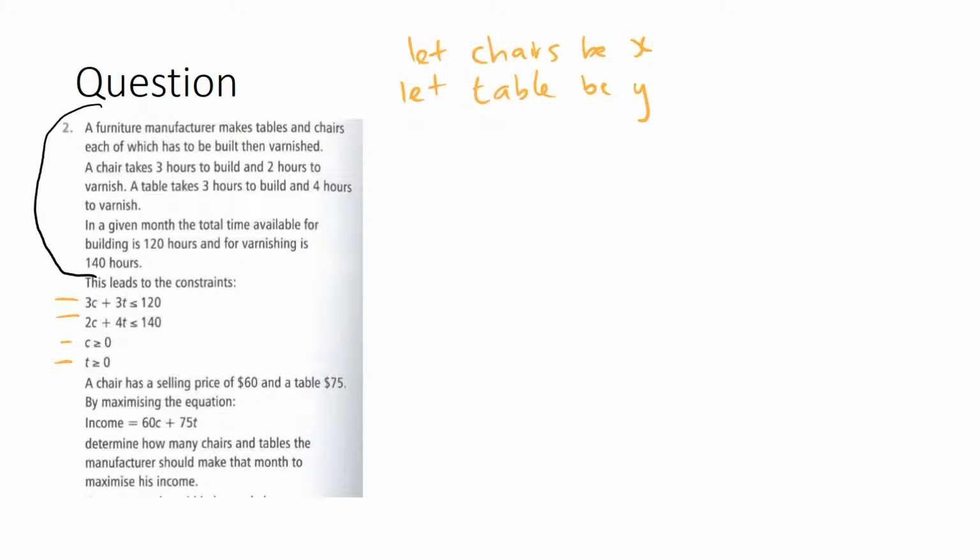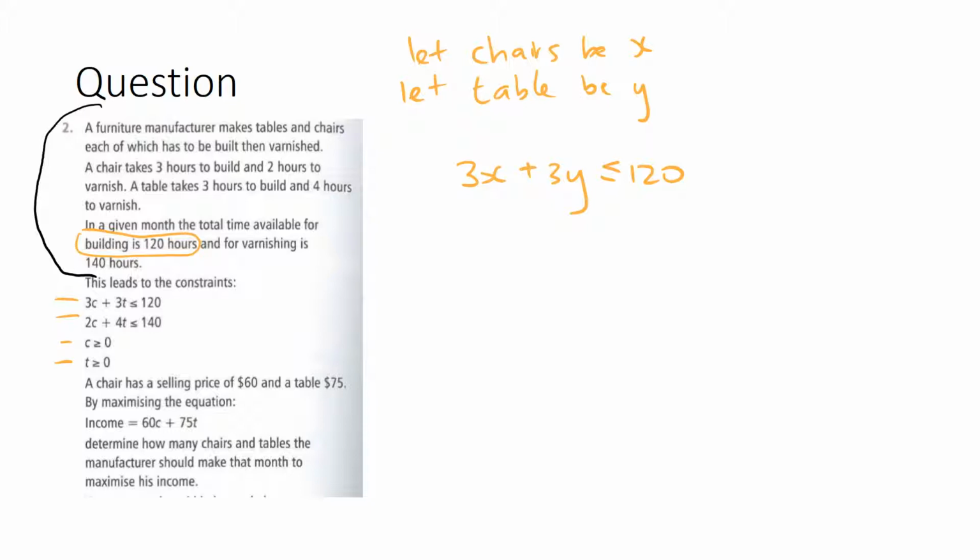He's only got 120 building hours. Does that make sense? Yeah. So 3 hours per chair he builds, and 3 hours per table he builds has to be less than or equal to 120.